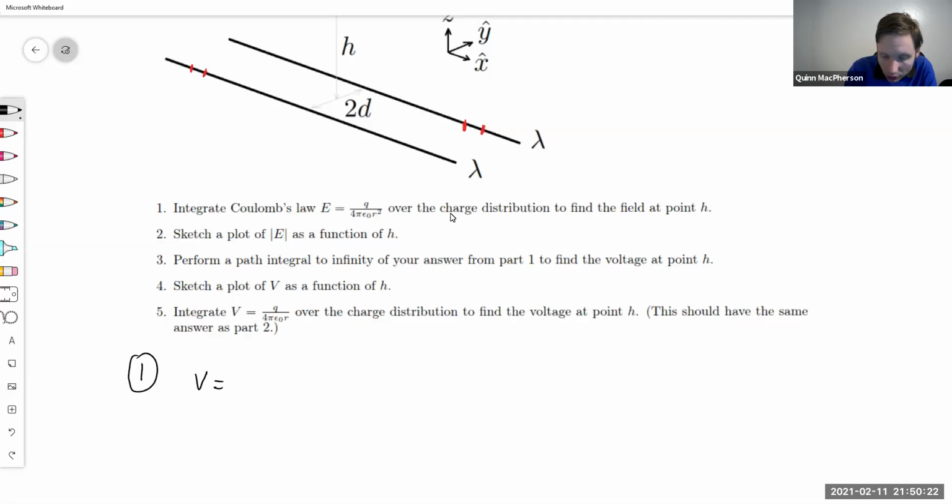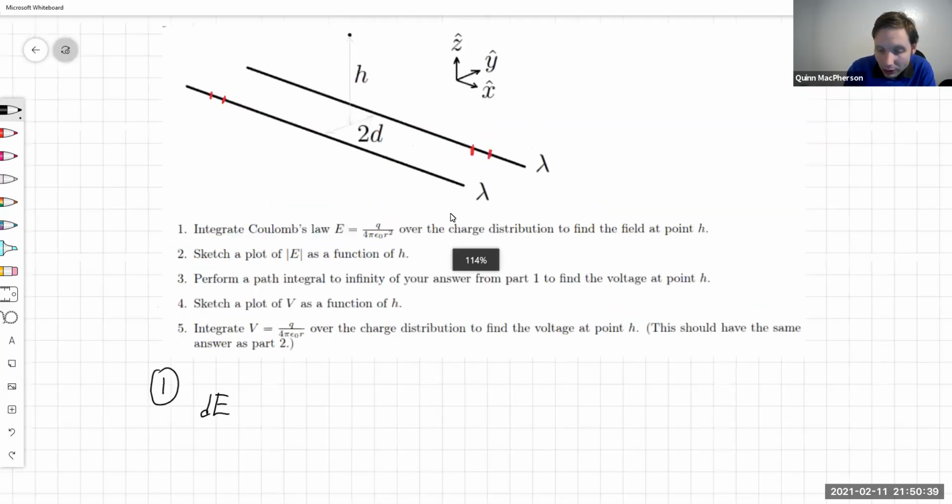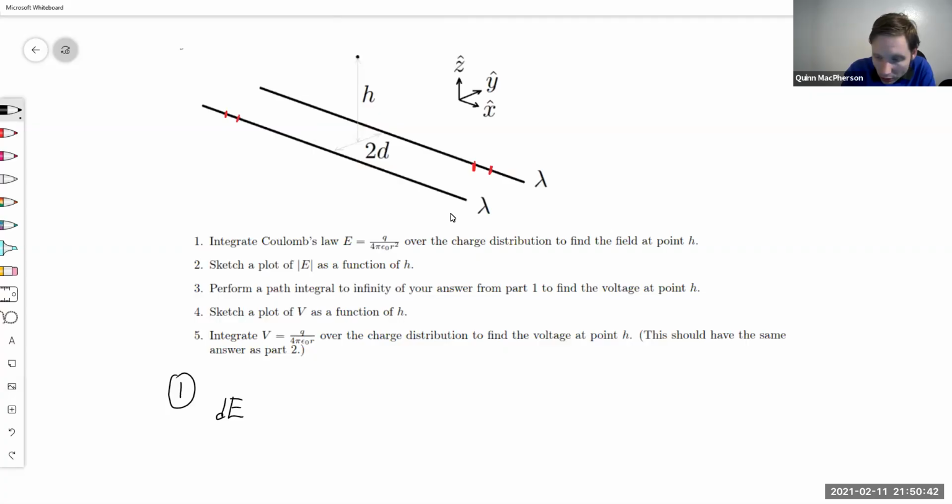I'm going to have to integrate over my charge distribution. So I'm going to call this dE, where dE is the field due to this little charge here, dq, which is equal to lambda dx.